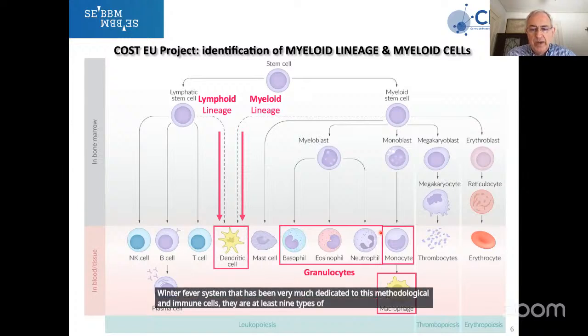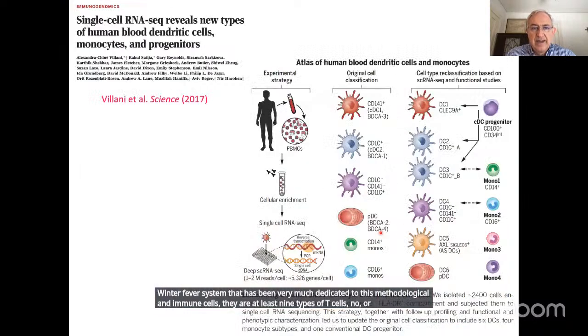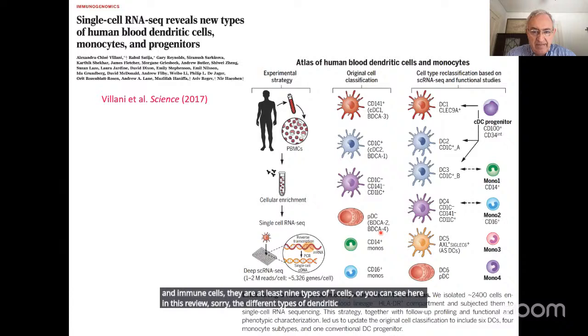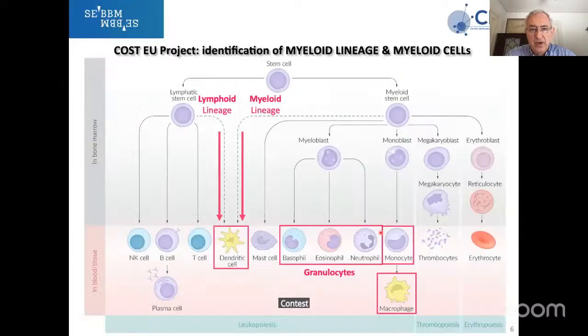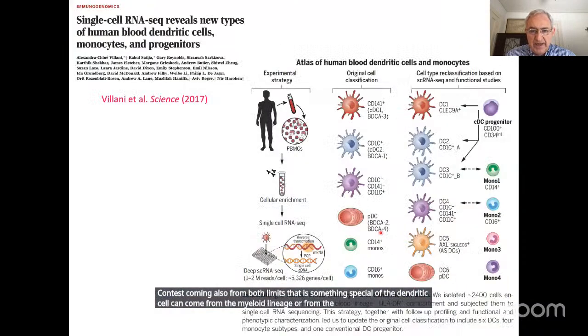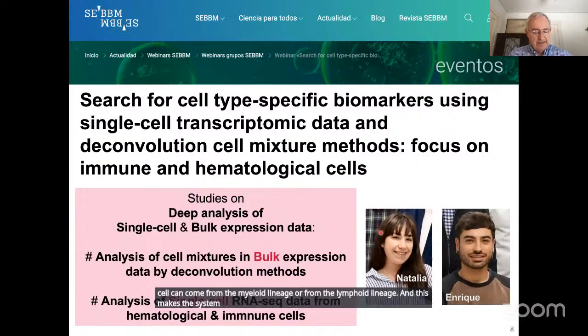Or you can see in this work the different types of dendritic cells that they identify with different characteristics and different concepts coming from both lineages. That is something special of the dendritic cell: it can come from the myeloid lineage or from the lymphoid lineage, and this makes the system complex.